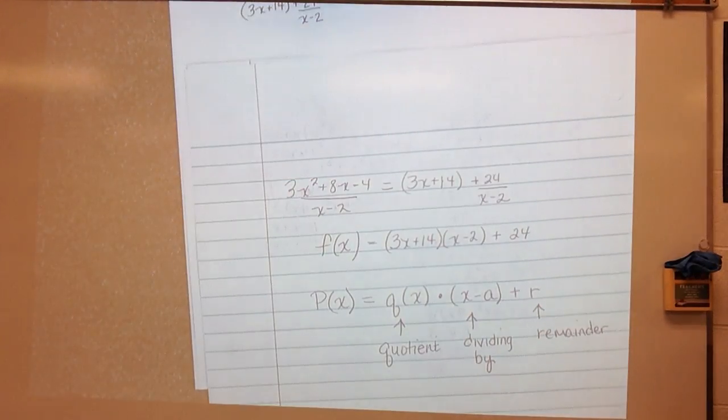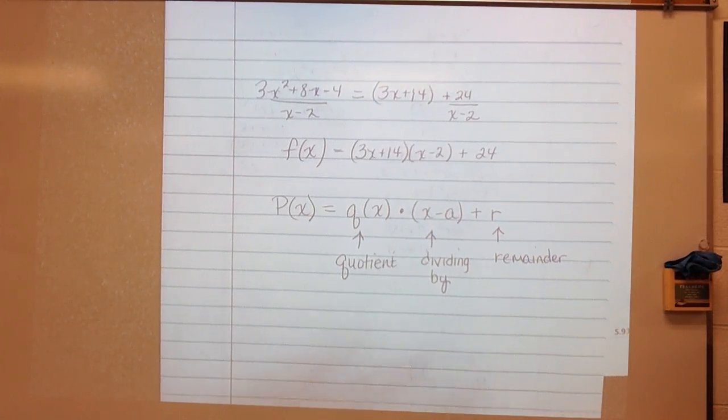Okay? So this is what the remainder theorem states. The remainder theorem states, let p be a polynomial function in x, and let a be any real number.